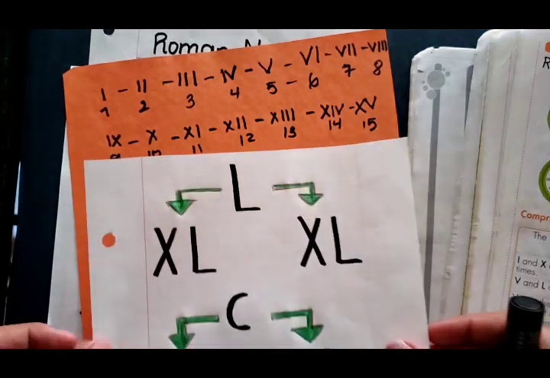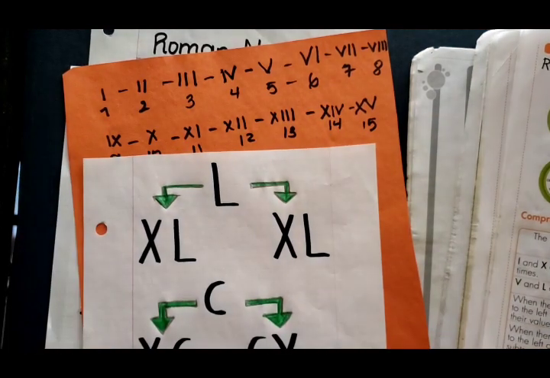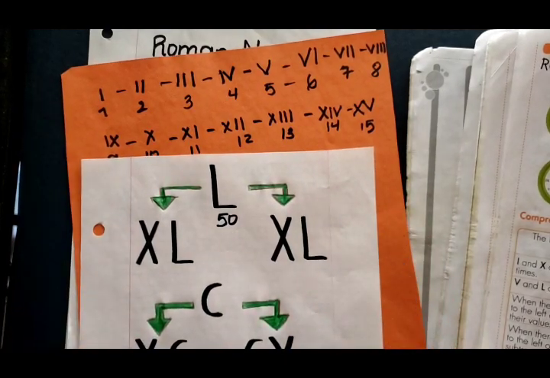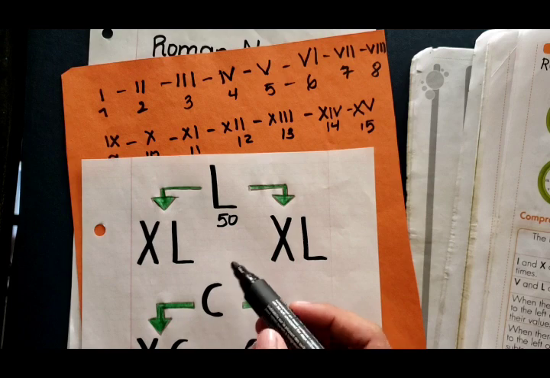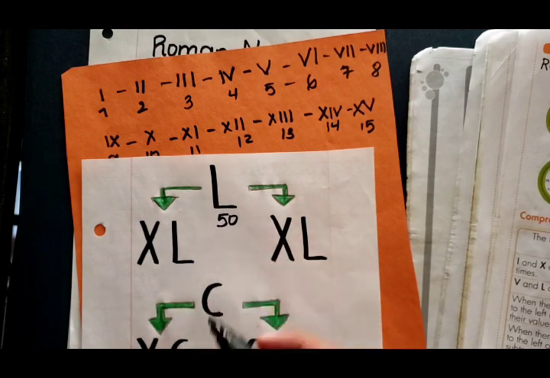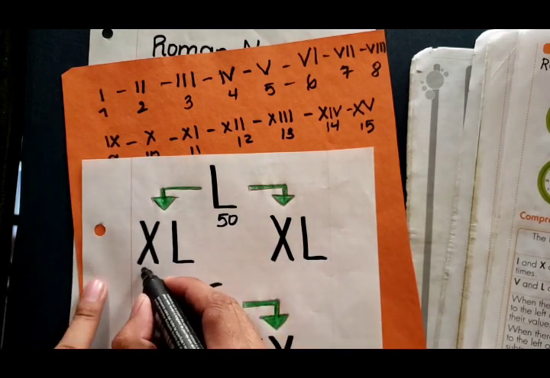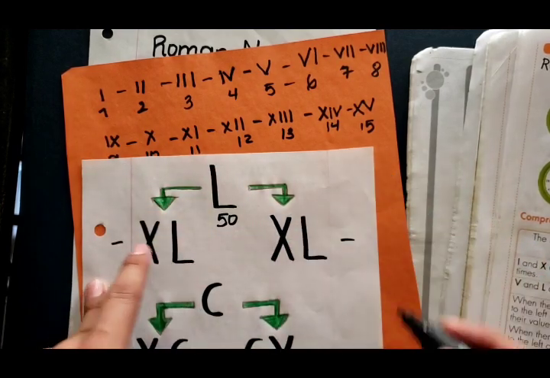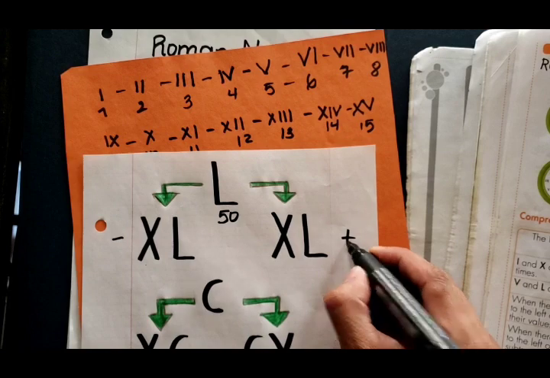And how do you write it, Mr. Galvez? I have it here. This, the letter L, as I told you at the beginning, is 50. And the letter X is 10, right? Remember. If you write it before, it is minus. If you write it after, it is plus.